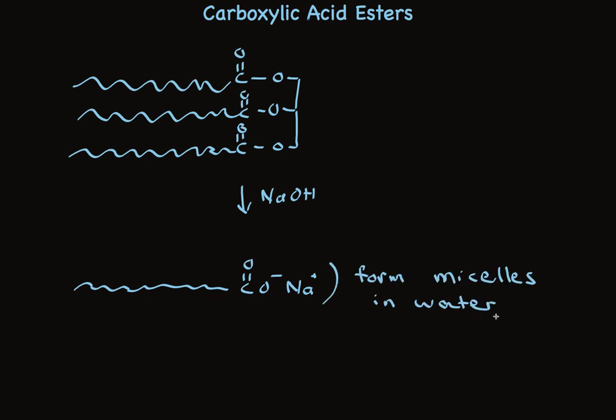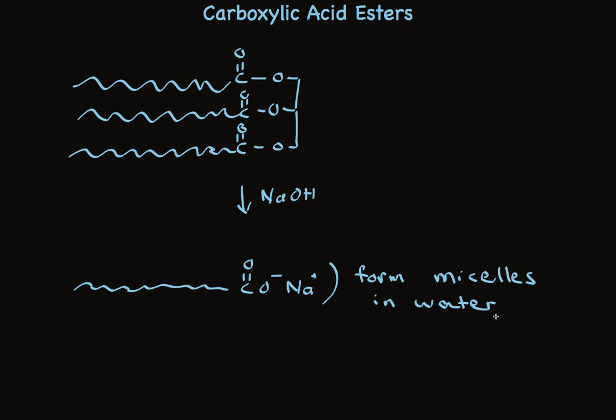Micelles are spherical clumps where the alkyl chain tails are all stuck in the middle of the sphere, and the carboxylate ion heads are all stuck on the sides of the sphere. So the sphere is soluble in water because of the carboxylate heads on the edges of the sphere. But the center is a hydrocarbon. So it dissolves dirt and grease and things, and that's why soaps and detergents work.